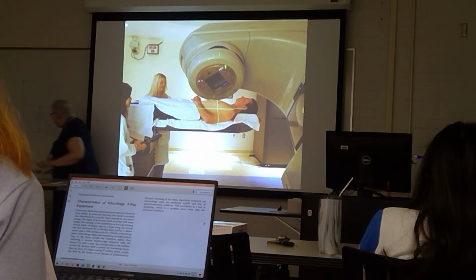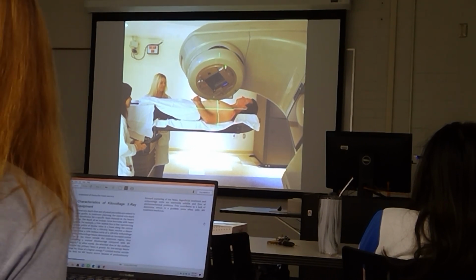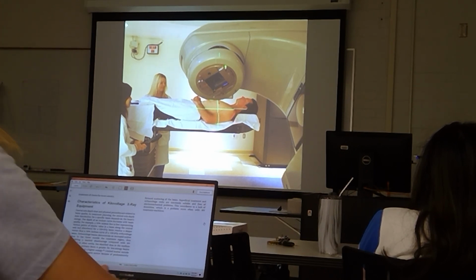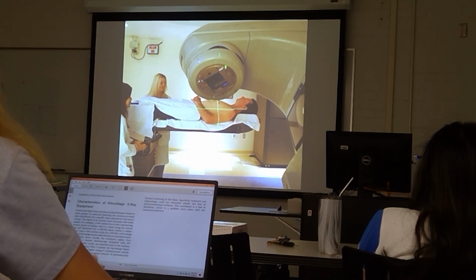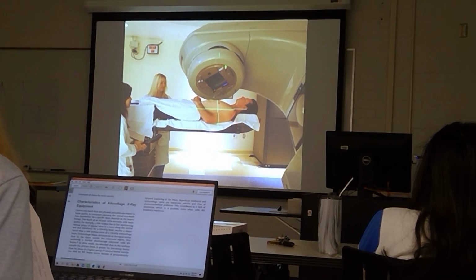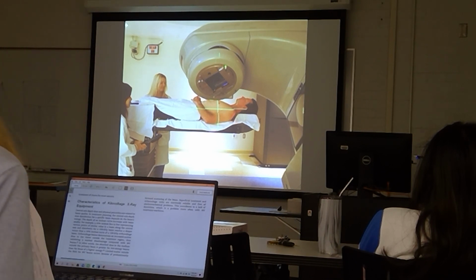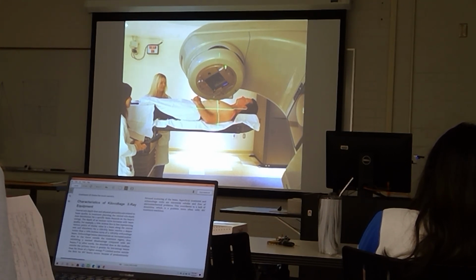So if you have a beam coming down like this, the central axis of that beam is there. And when that central axis meets all the other central axes of all of the fields, it matches at the isocenter, but it's not the end, right?